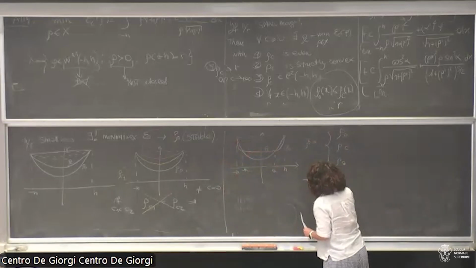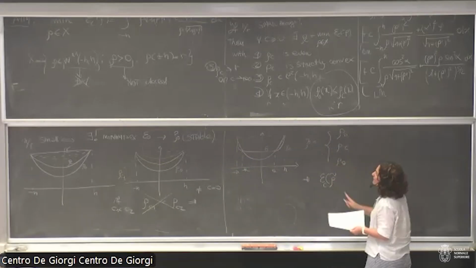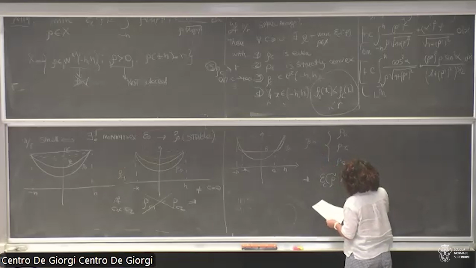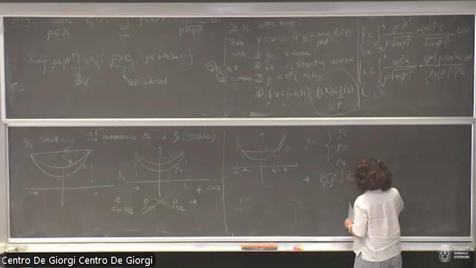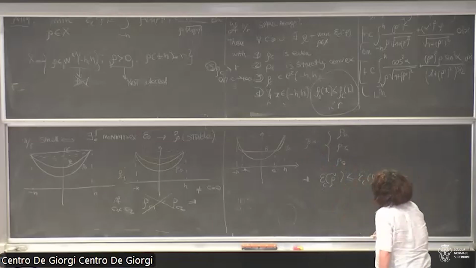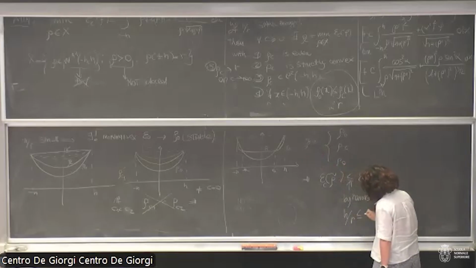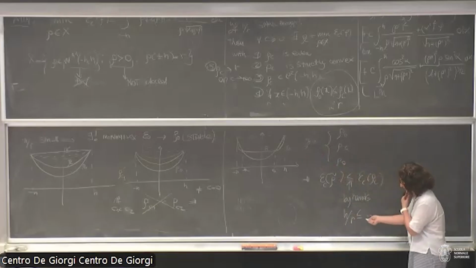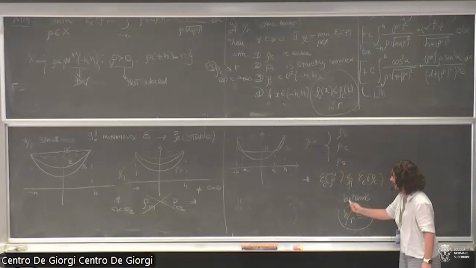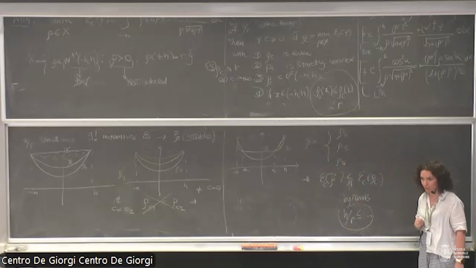What we are able to prove is that the energy functional computed on this new competitor is less than or equal to the energy functional on rho C. This can be done by hand, assuming, and this is fundamental, that the ratio is small enough, so that rho 0 is the unique stable minimizer for the area problem.